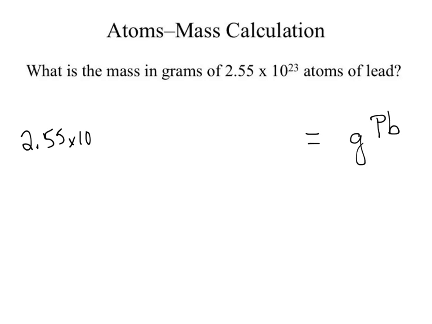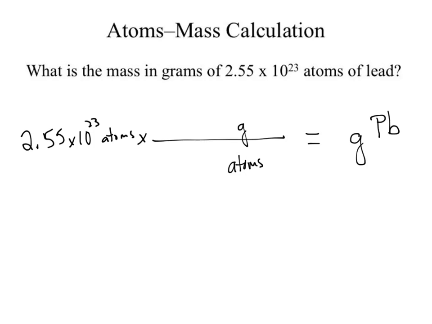2.55 times 10 to the 23rd atoms. Okay. Do we have a conversion factor between atoms and grams? There's actually a couple ways we could do this one.